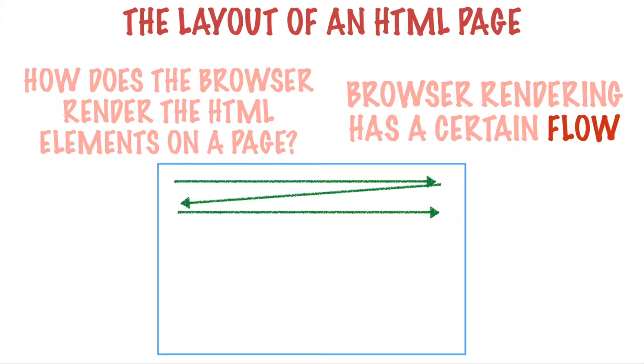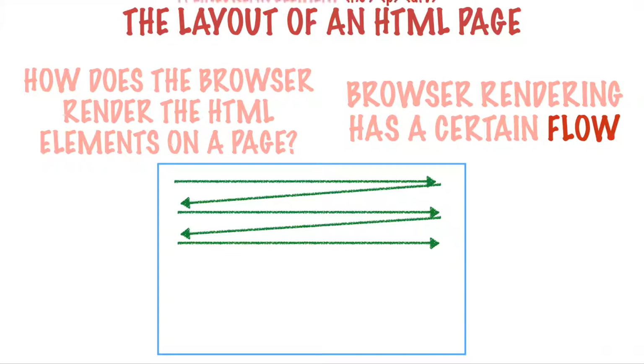Now, this left to right and top to bottom only works when the elements themselves allow themselves to be laid out from left to right. Elements have to be willing to sit next to each other. Often you have elements which cause a line break.